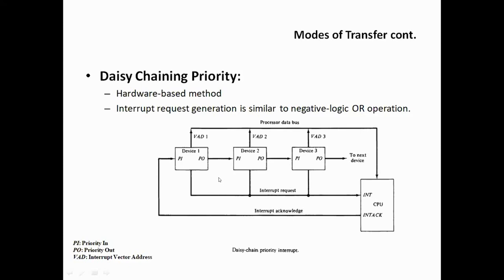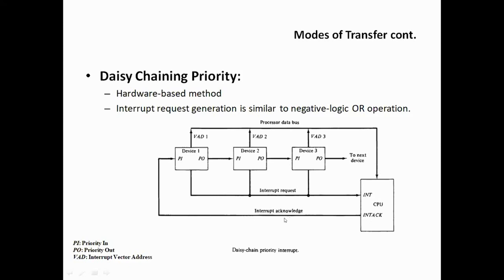So for the sake of argument, let us suppose currently this and this have simultaneously produced an interrupt. So this will become 1 and the CPU will come to know that an interrupt has occurred. In response, the CPU will give an interrupt acknowledge, INT ACK.